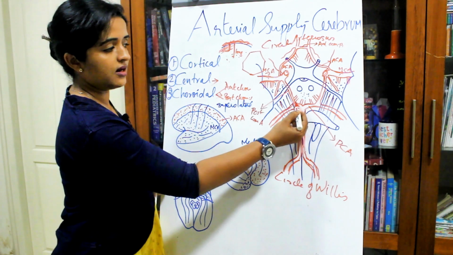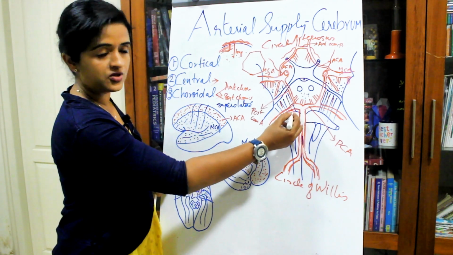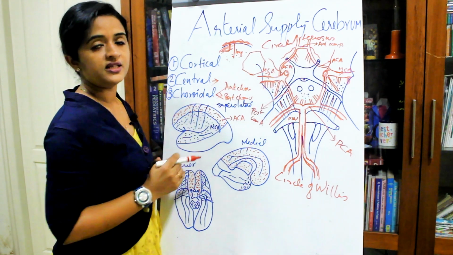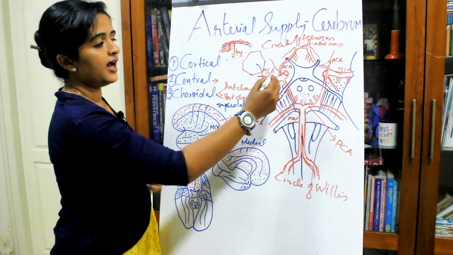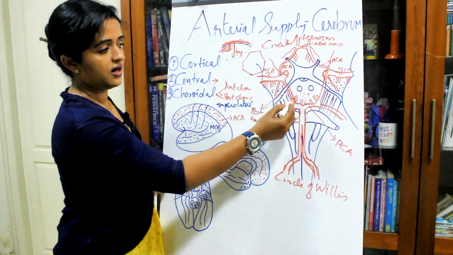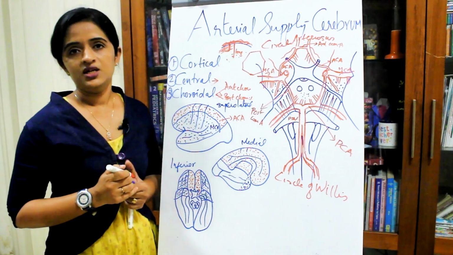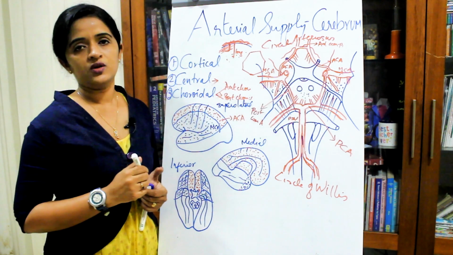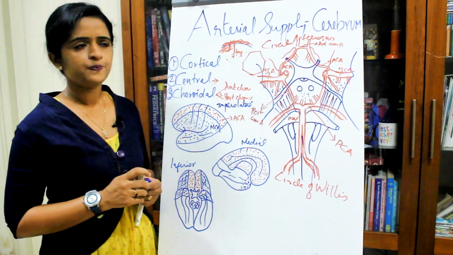Posteriorly you have the basilar artery dividing into the posterior cerebral arteries. Anteriorly you have the anterior cerebral arteries connected by the anterior communicating artery, and these two systems are connected by the posterior communicating artery arising from the internal carotid artery. So that a circle is formed, known as the circle of Willis.